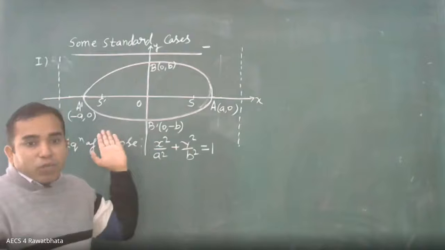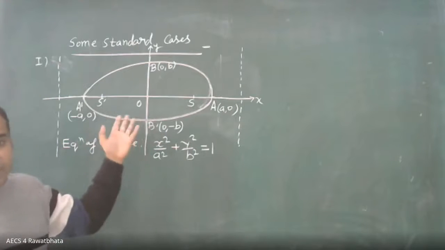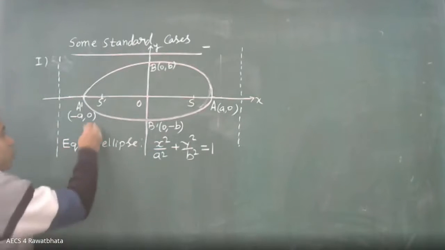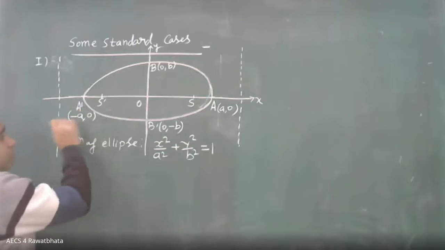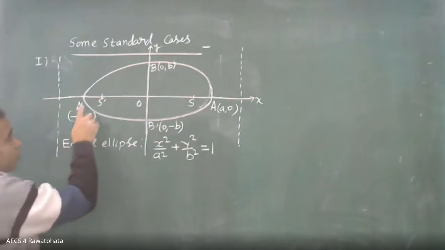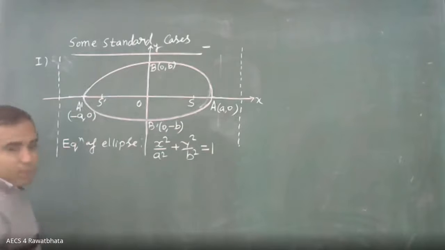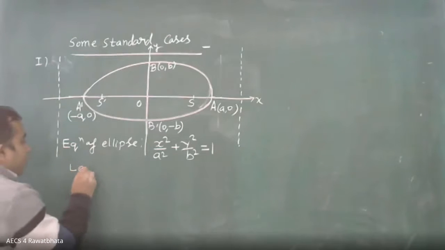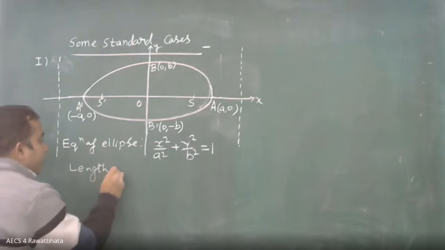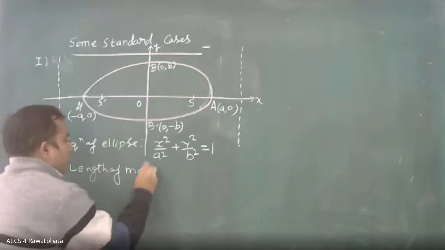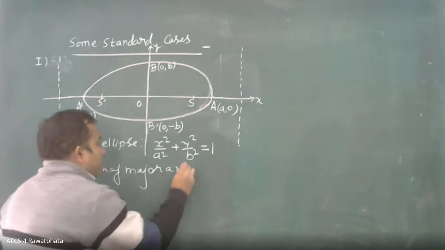Can someone tell me what should be the length of this major axis here? A dash A. You can see the coordinates of A and A dash: this is a comma 0, this is minus a comma 0. So what should be the distance between them? 2a. So the length of the major axis is 2a.